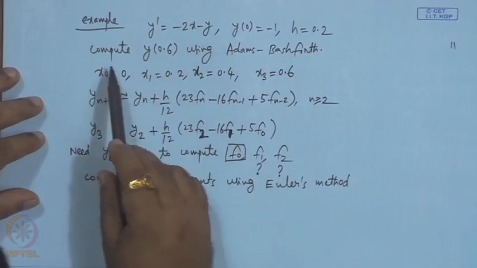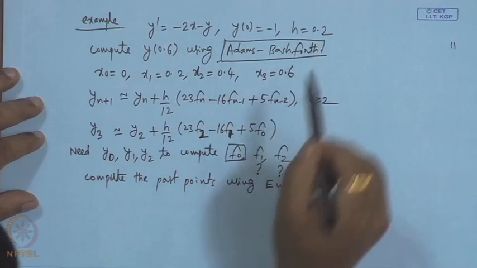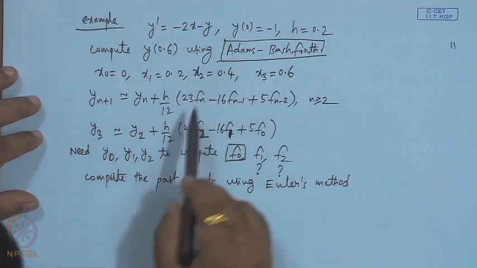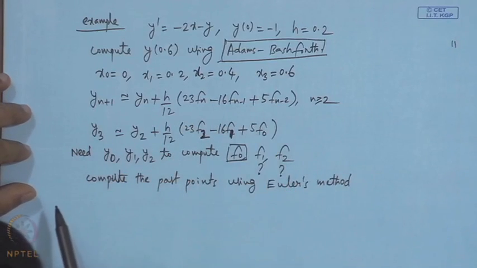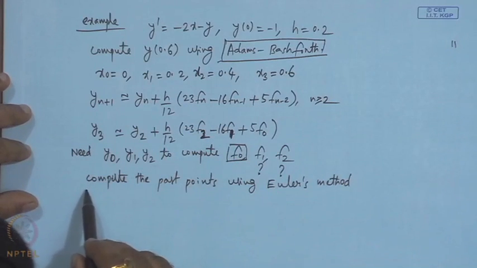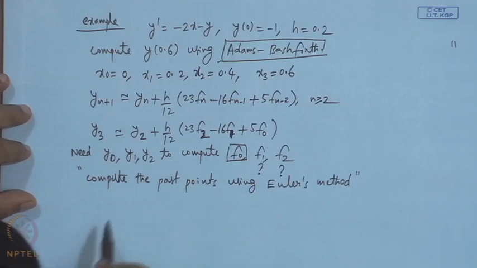So, what we have done, we need the past values. To compute using Adams-Bashforth, we need 3 past values, n, n minus 1, n minus 2, and in the question it should be given using which method one should compute the past values.